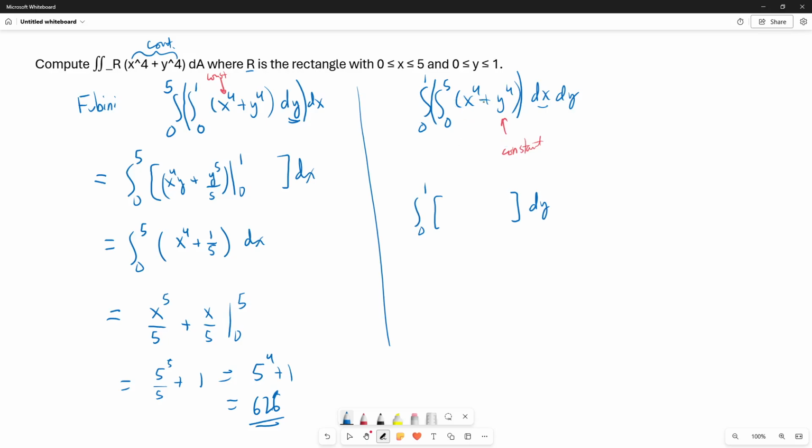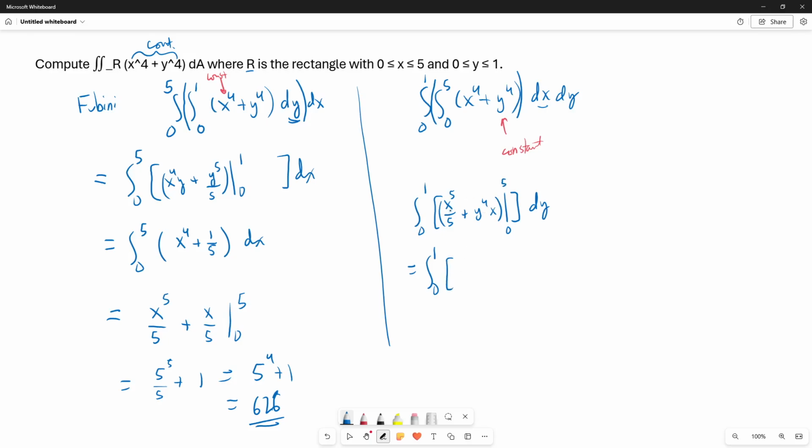The antiderivative of x to the fourth plus y to the fourth with respect to x is x to the fifth over 5 plus y to the fourth times x. And we want to plug in for x 0 and 5.